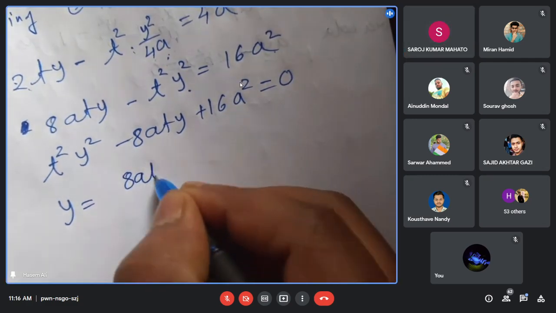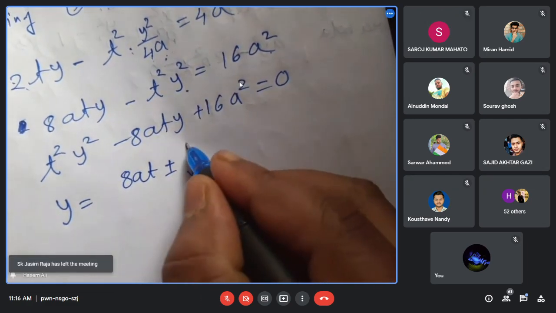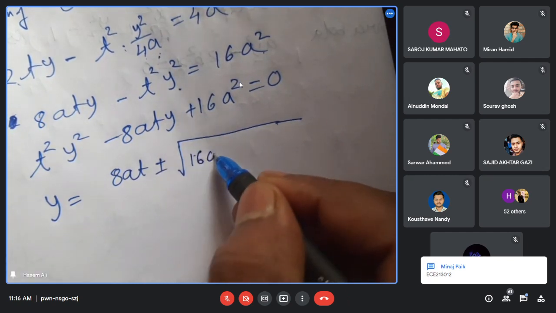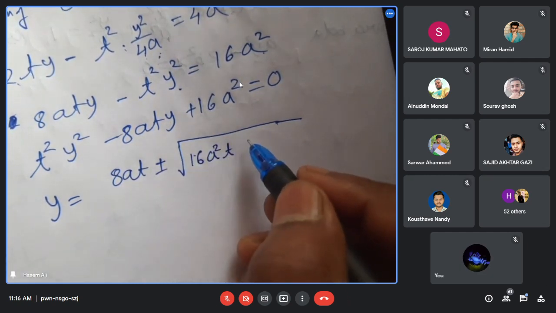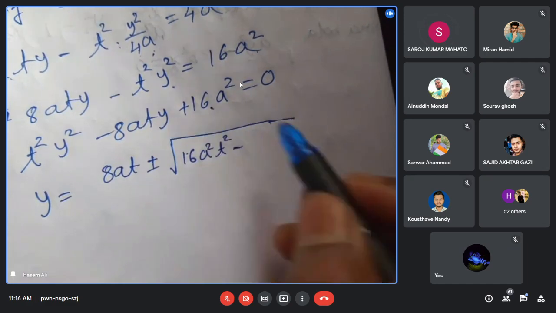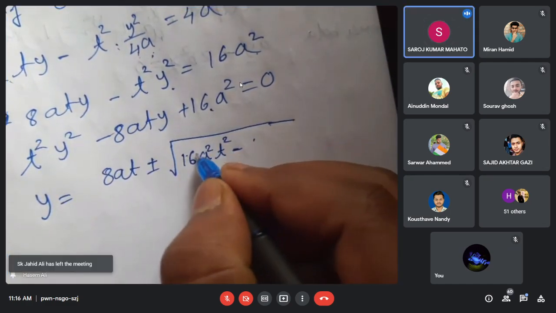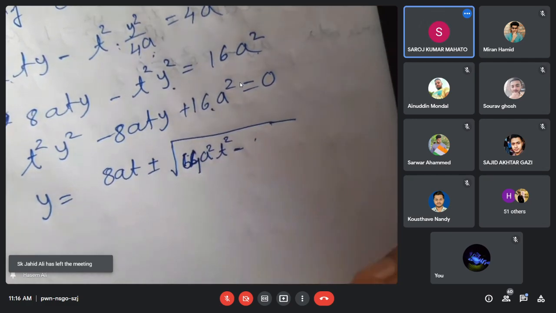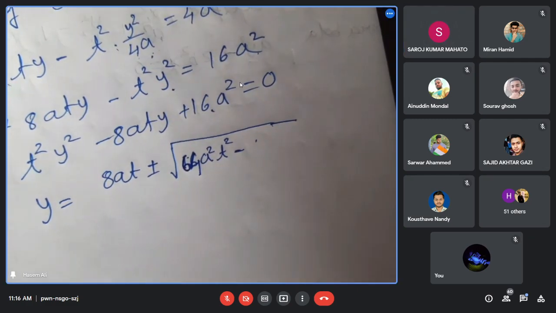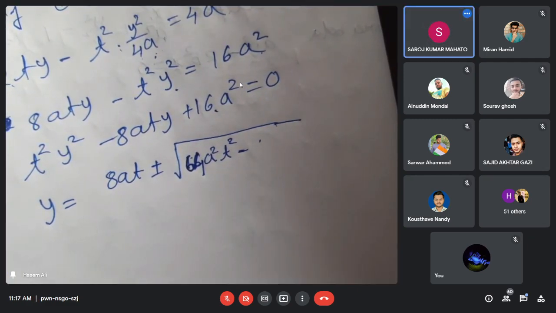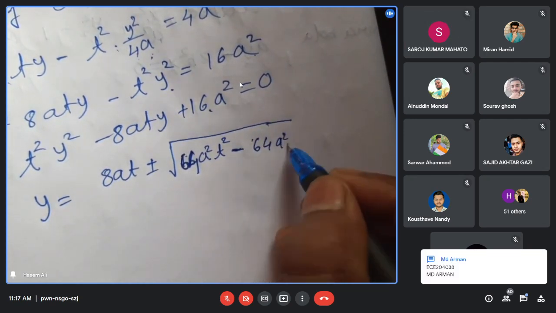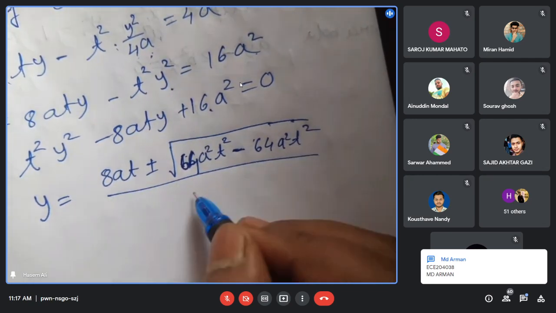So 8at plus minus root over b square, which means 64 a square t square minus 4ac, 4 times t square times 16a square, which is 64a square t square, divided by 2t square.